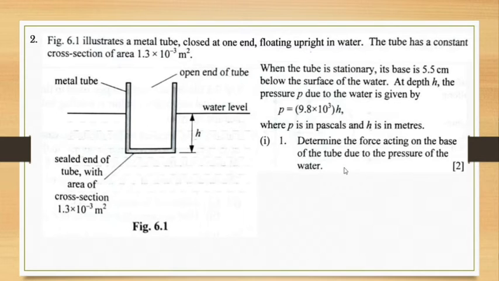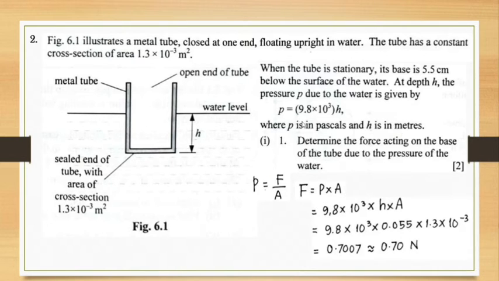So if we want to find the force acting, remember this equation: pressure is equal to F over A. So F is equal to pressure multiplied by A, and that pressure is 9.8 times 10 to the 3 times h. We multiply by the area.